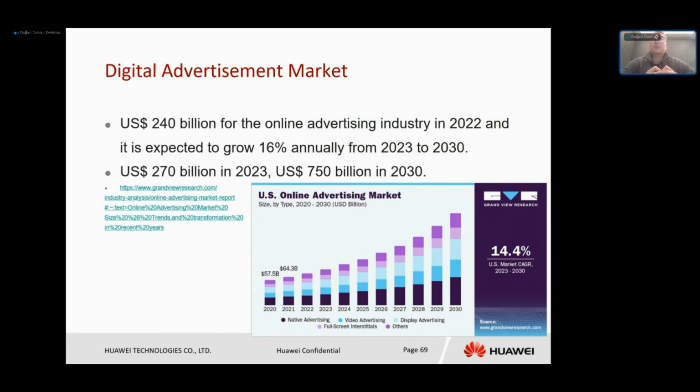As we know, online companies like Facebook and Google get most of their revenues from digital advertisement. 99% of Facebook's revenue comes from digital advertisement, and 92% of Google's revenue comes from digital advertisement. So it's a growing market, and it's a significant market.